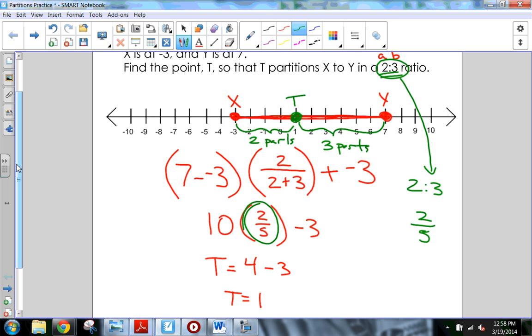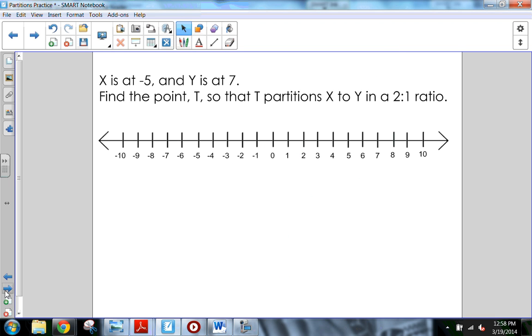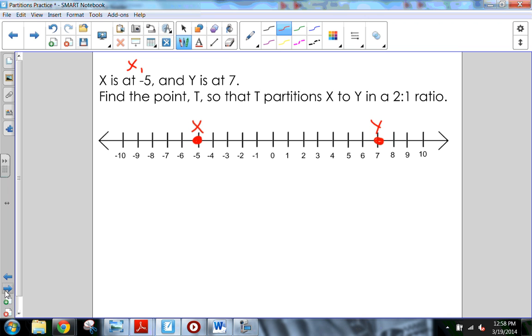Let's go on and do another example. Example number 2 says x is at -5, so we start by plotting x, then we plot y at 7. These are really x1 and x2, because it's a one-dimensional object, which means just a number line.